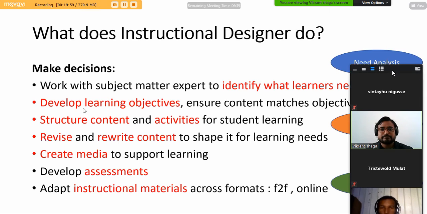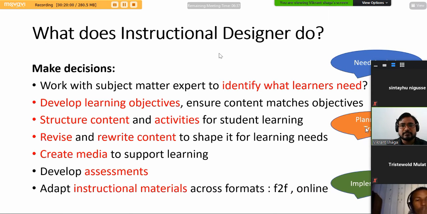Develop learning objectives and ensure content matches objectives. It is not like you can define any objective. Your objective should match the topics and the contents you have designed. For example, what is the objective of taking the Kahoot session?